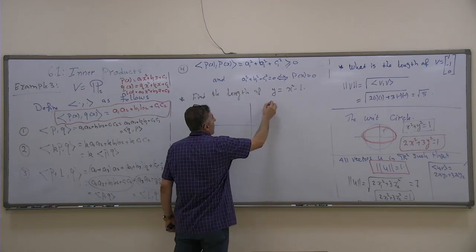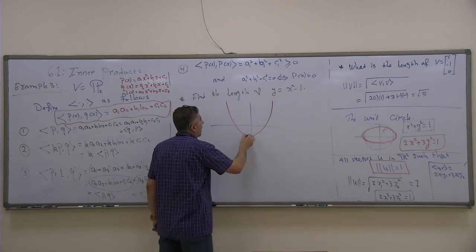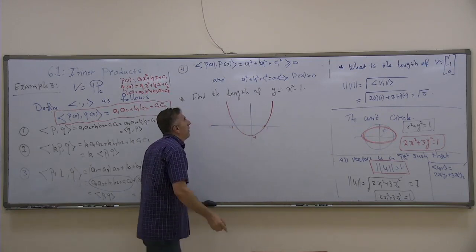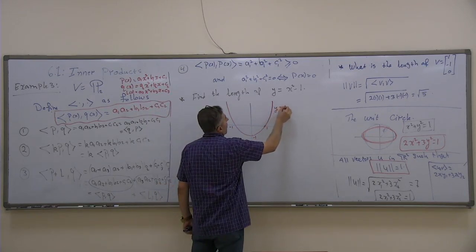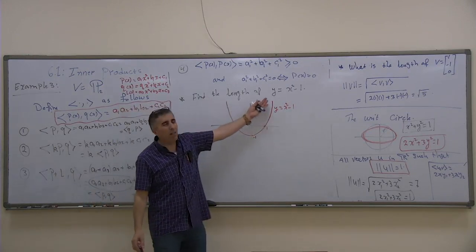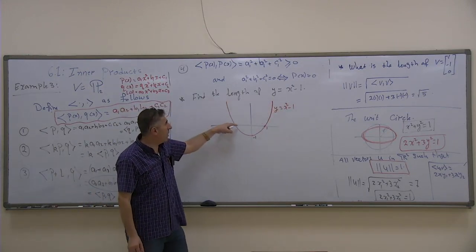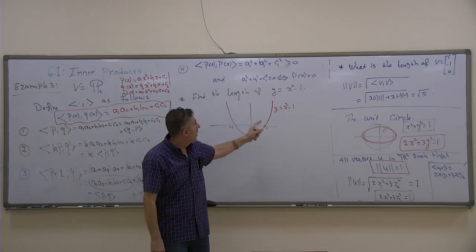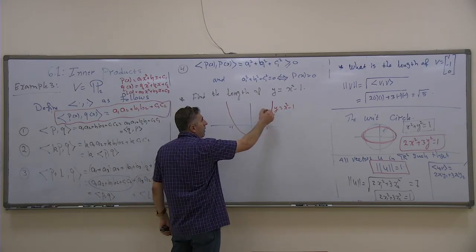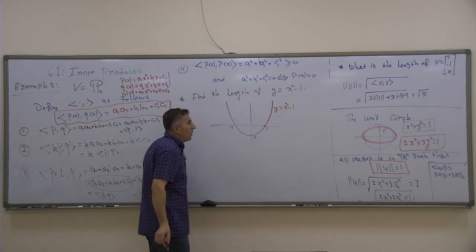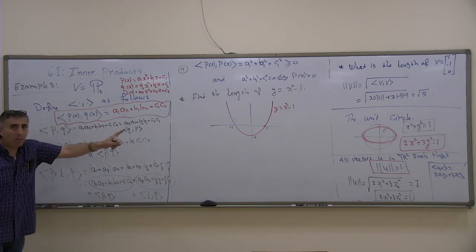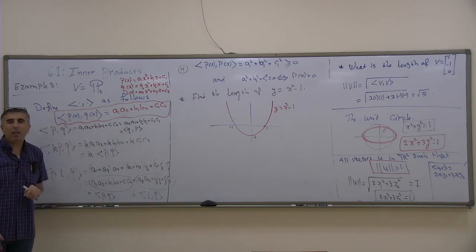This is this polynomial or this function, with negative 1, and here 1, and here negative 1. Am I correct? So this is y equals x squared minus 1. So what does it mean, find the length of this polynomial? Are you asking about the length of the curve? No. Are we asking about the length of certain points or how far certain points are from the origin? No. We are asking about the length of this polynomial with respect to this inner product.